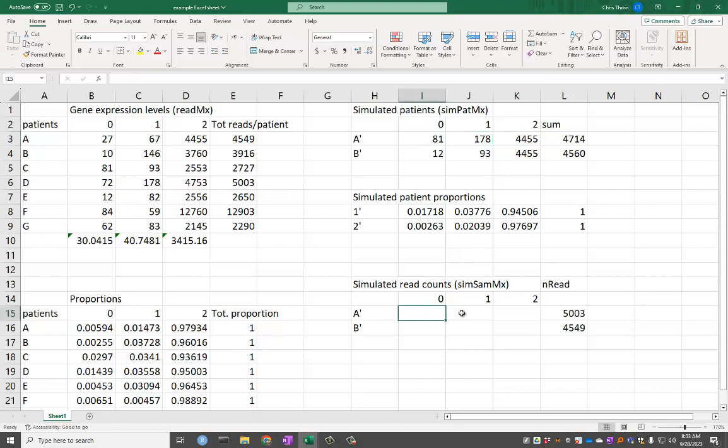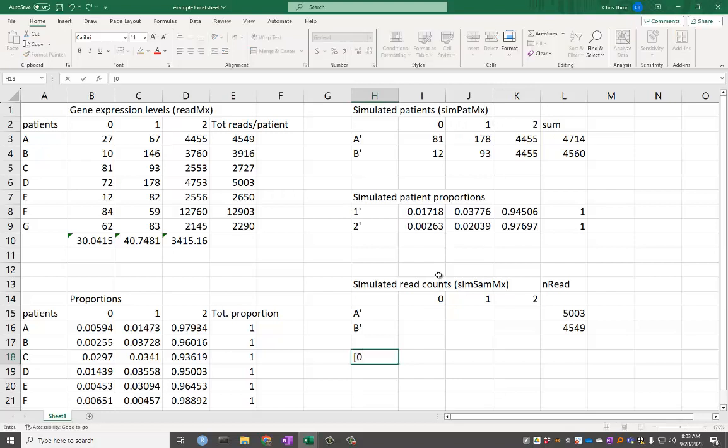So I'm going to choose randomly 5,003 numbers according to these proportions. So when you generate A prime, it's not going to look like this. When you generate A prime first, you're going to generate a sequence of 5,003 numbers, and those 5,003 numbers will be among 0, 1, and 2.